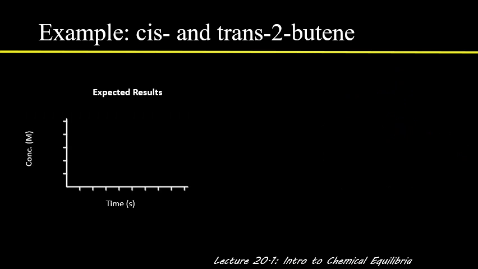All right. Now, what we would expect is that if we were to start with a solution that had just trans molecules, let's say at this concentration, and initially the concentration of the cis molecules was 0, right?